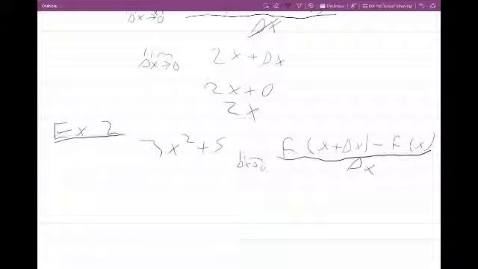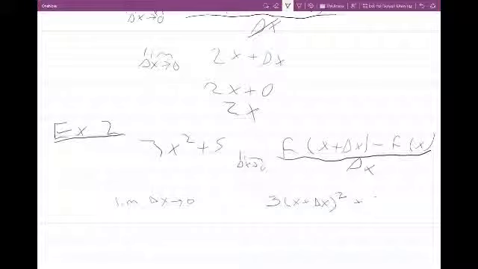The first thing you're going to do is plug the 3x squared plus 5 into the original equation. You put x plus delta x in for every x value of the original equation. So that would be 3, and then in parentheses x plus delta x, squared, plus 5.